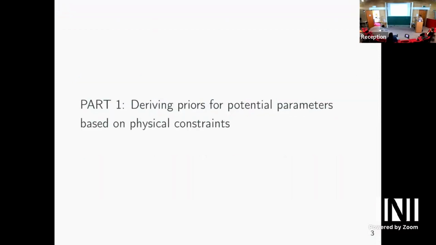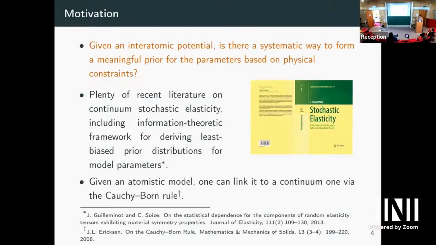Okay, so part one is the work that's already been done, and the motivation is, again, the same question as on the previous slide. And as I alluded to already, the idea is that there's a lot of sophisticated literature by now about continuum stochastic elasticity. Angela has recently published a book on the topic. And in the tutorial week, 2 weeks ago, we had a series of lectures by Christian Soize precisely on this topic.